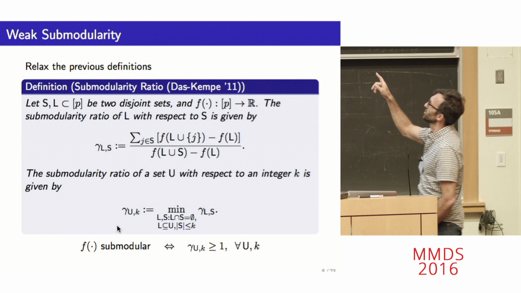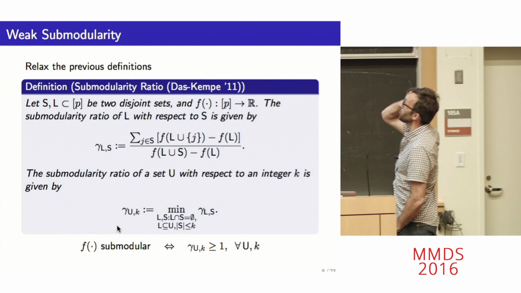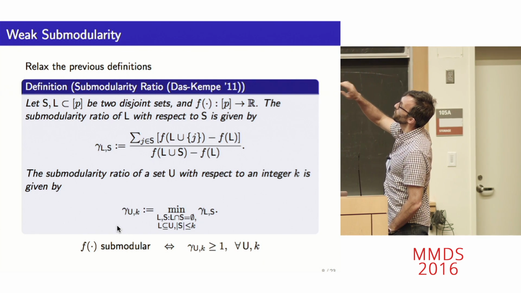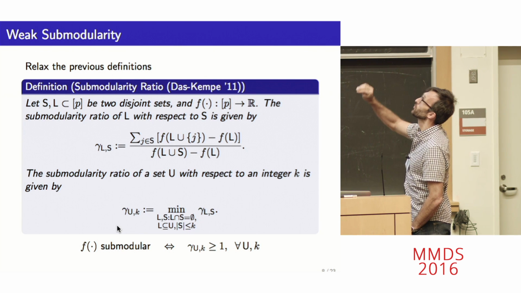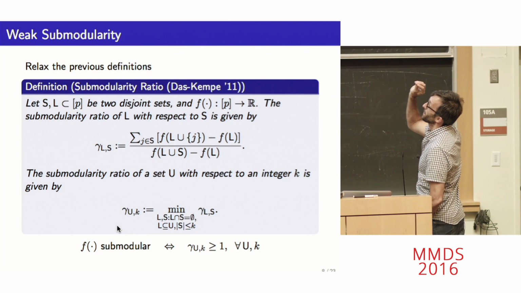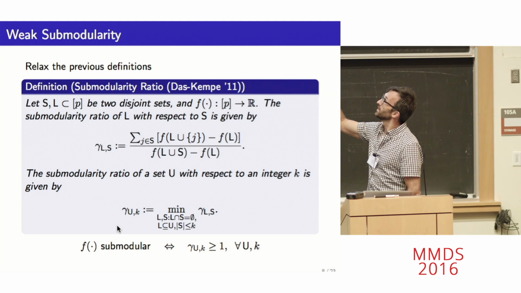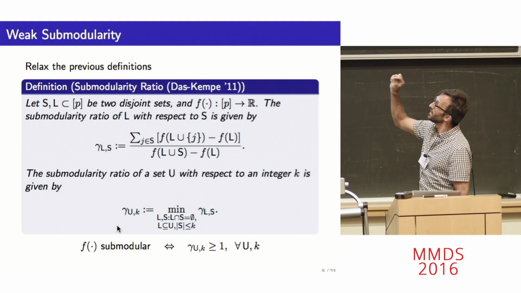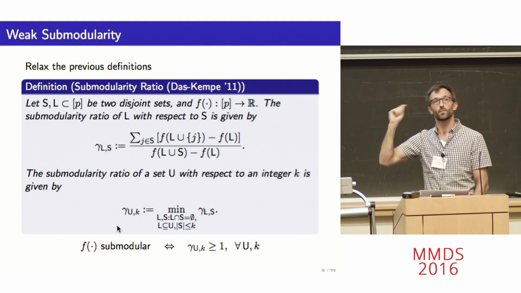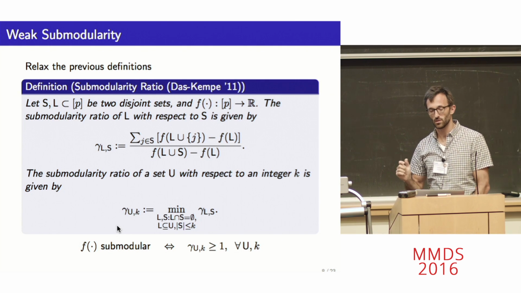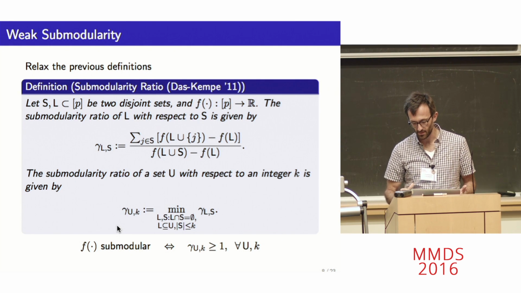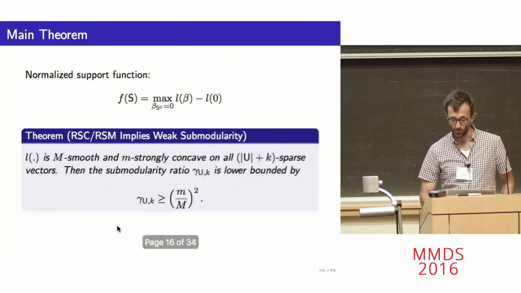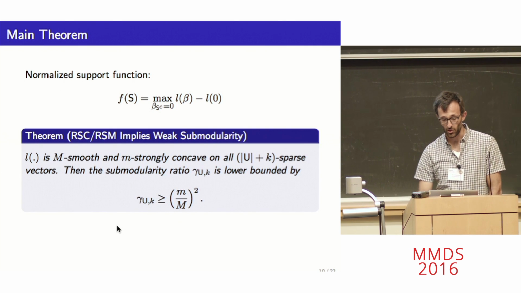That's a definition that has been around for a while. And they used this to show that linear regression is a weakly submodular problem under some assumptions. So a lot of this work can be seen as putting that result into a more general context.